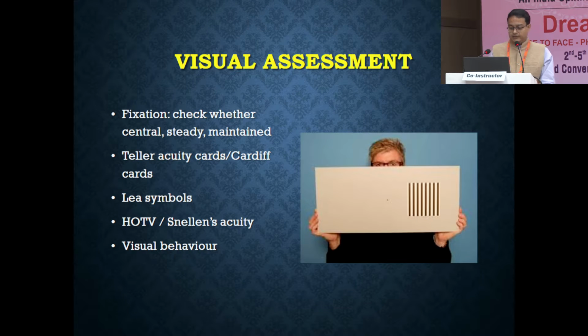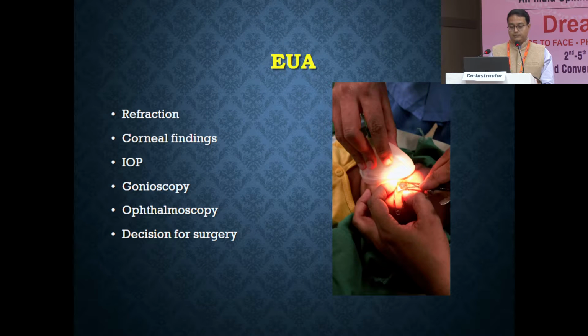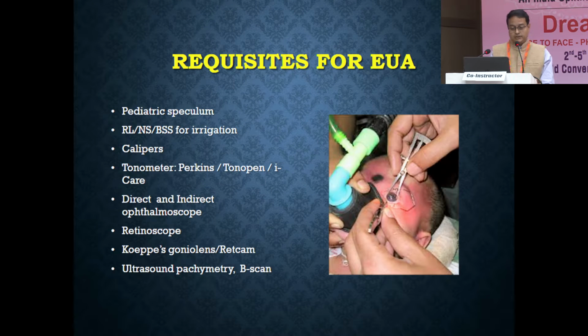The vision has to be assessed by age-appropriate methods. And the most important examination part is the examination under anesthesia, and what we look for are the refraction, the corneal findings, the intraocular pressure, gonioscopy, ophthalmoscopy, and then and there on the table we take a decision for surgery.